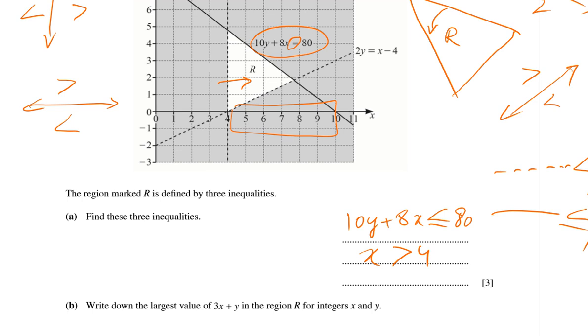And lastly, for this equation, region R is on its above side, and it's a dotted line. So 2y is greater than x minus 4.